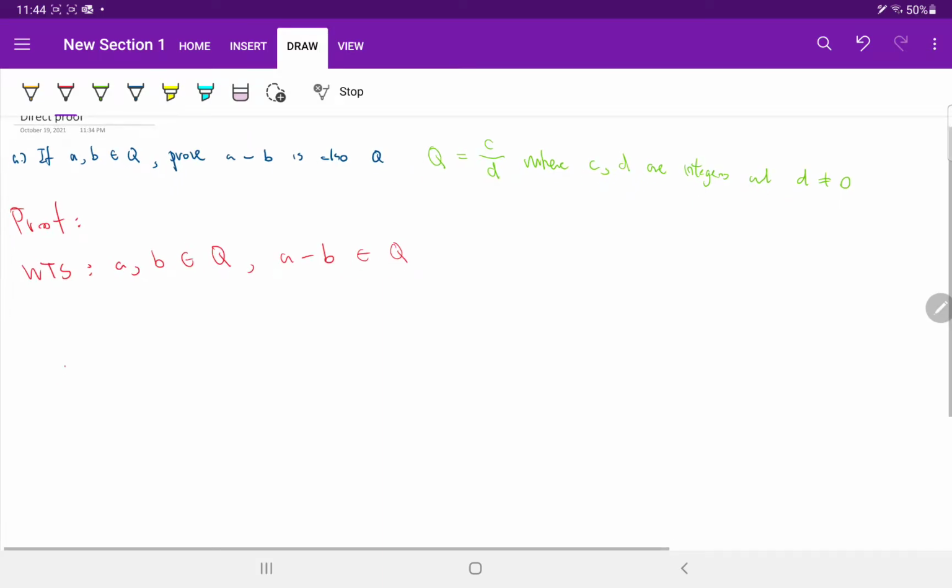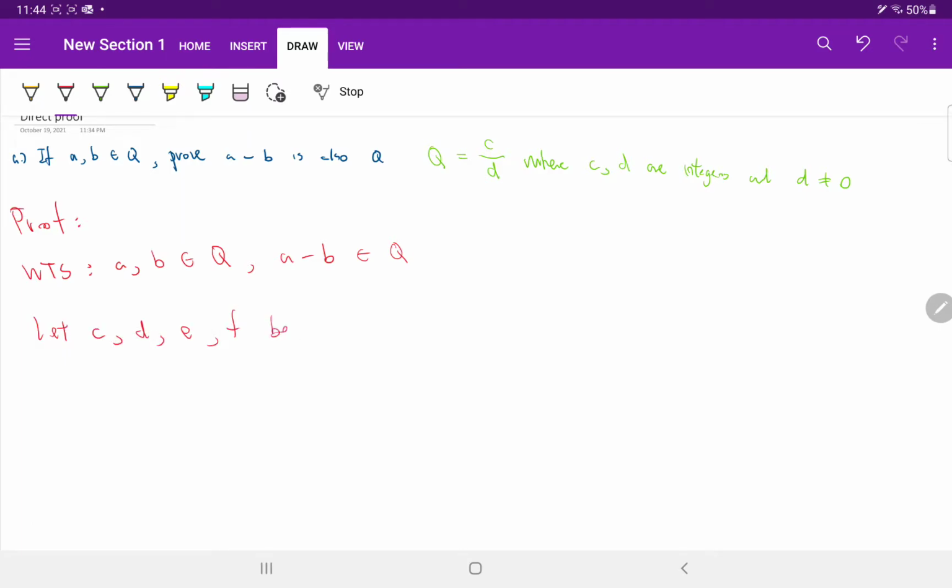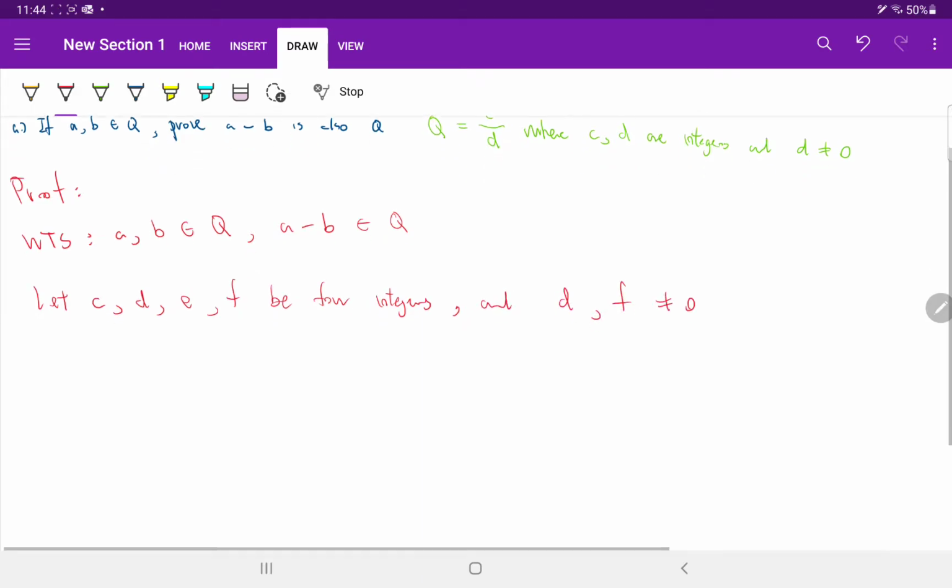So this is kind of an interesting proof. What we do is we say this: let C, D, E, F be 4 integers and D, F are not equal to 0.